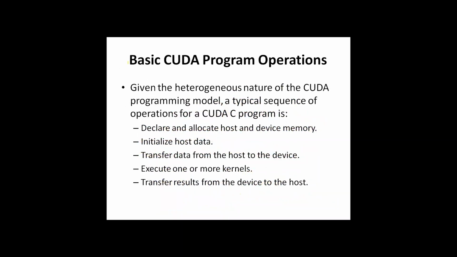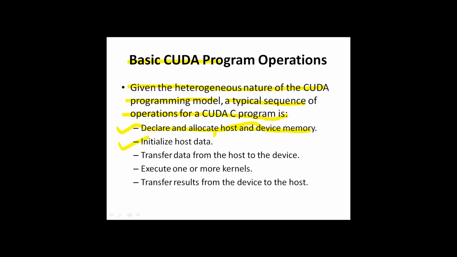So, basic CUDA operations. Given the heterogeneous nature of the CUDA programming model, a typical sequence of operations in a CUDA C program, as we discussed earlier, will be: number one, declare and allocate host and device memory, right?